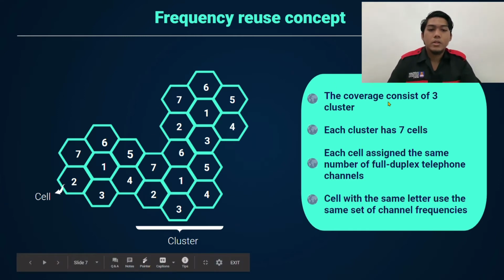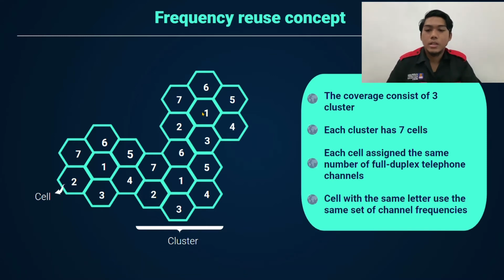The coverage consists of 3 clusters: 1, 2, 3, and each cluster has 7 cells: 1, 2, 3, 4, 5, 6, 7. Each cell is assigned the same number of full duplex telephone channels. Point number 4, cells with the same letter use the same set of channel frequencies.